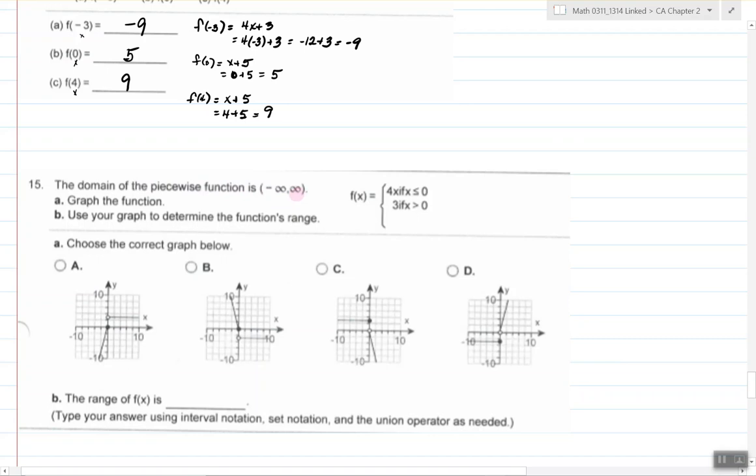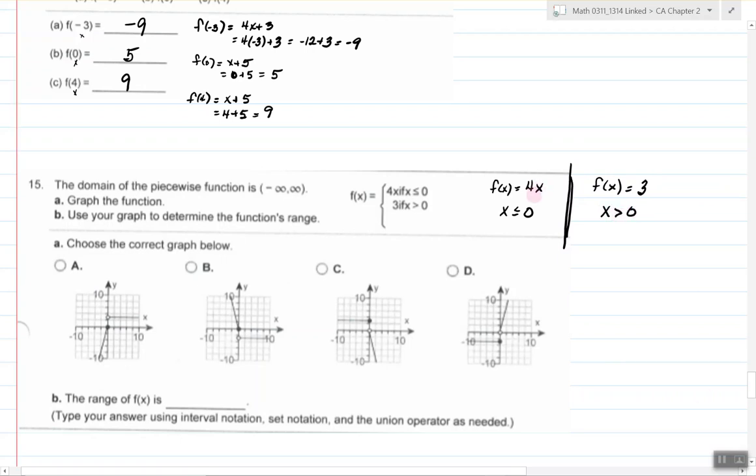Now, this got a little bit squished when it got typed, but here's what it's saying. f of x, which we know is y, is 4x when x is less than or equal to 0. But it changes its look, and f of x is the constant 3 when x is greater than 0.